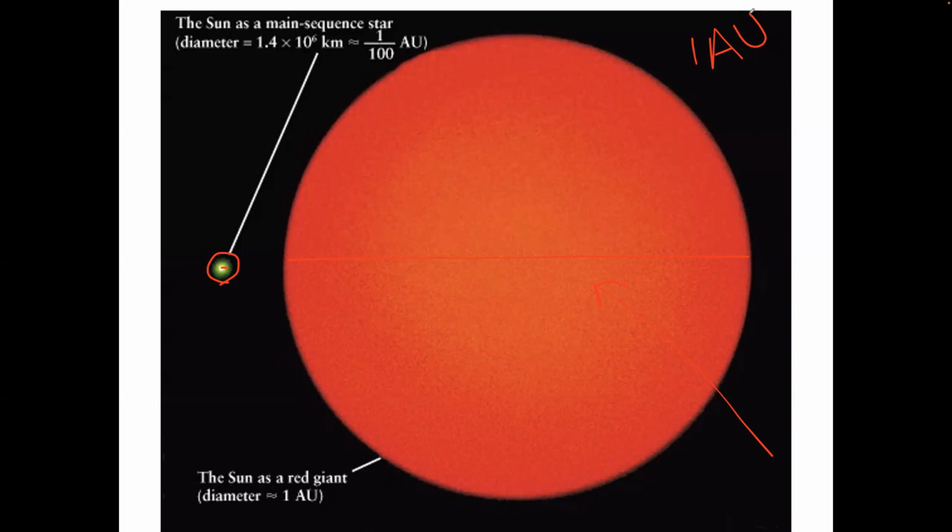So this is the prediction that we have right now, but it will take at least around 4.5 billion years for this to happen. So that is why we are safe and not worried about this right now. But you need to understand the sun is also a star. So it will go through the same kind of evolutionary processes that we are talking about right now.